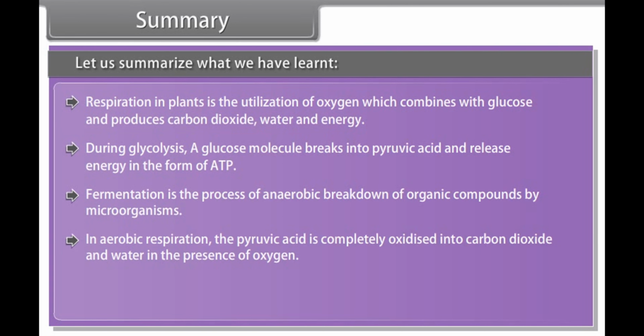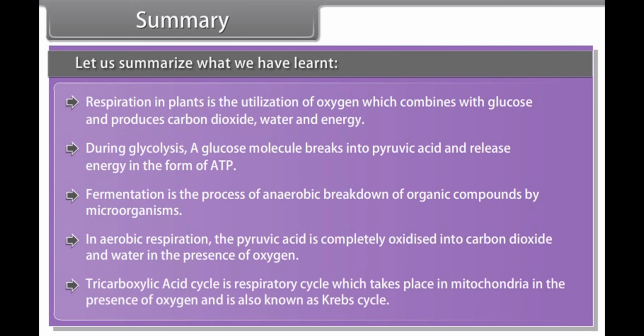In aerobic respiration, the pyruvic acid is completely oxidized into carbon dioxide and water in the presence of oxygen. Tricarboxylic acid cycle is the respiratory cycle which takes place in mitochondria in the presence of oxygen and is also known as Krebs cycle.